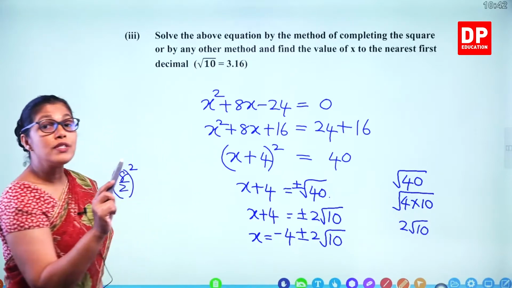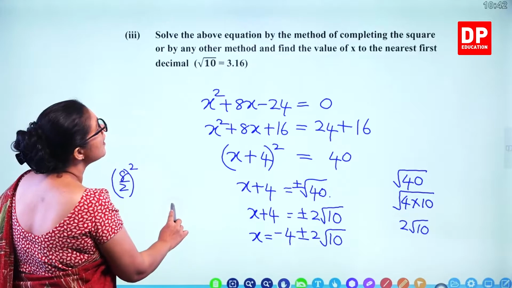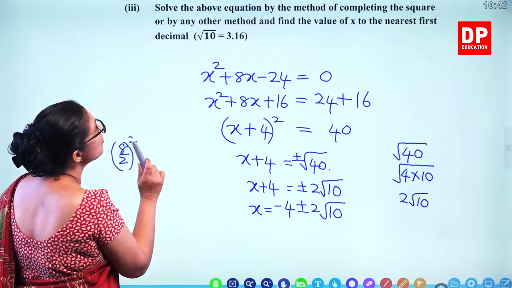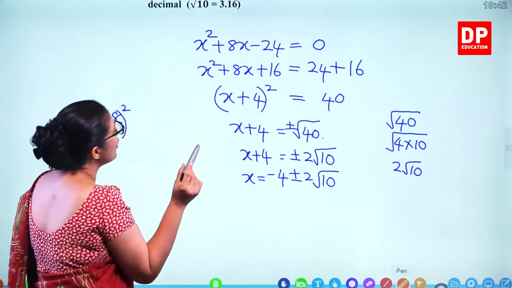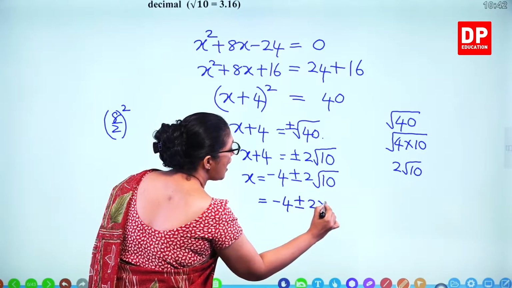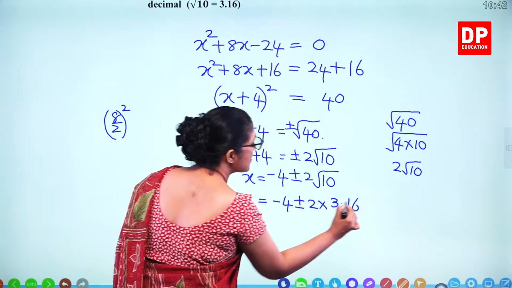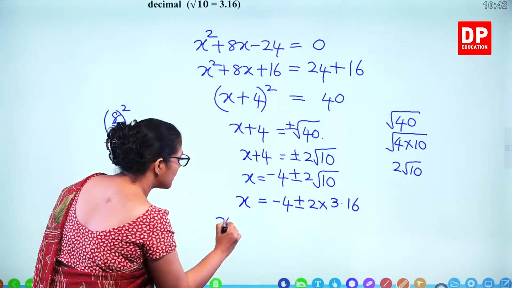It's given root 10 you can take as 3.16. So find the value. So you have to find out to the nearest first decimal. 3.16. 2 times 3.16 is x. So what are the possible values?